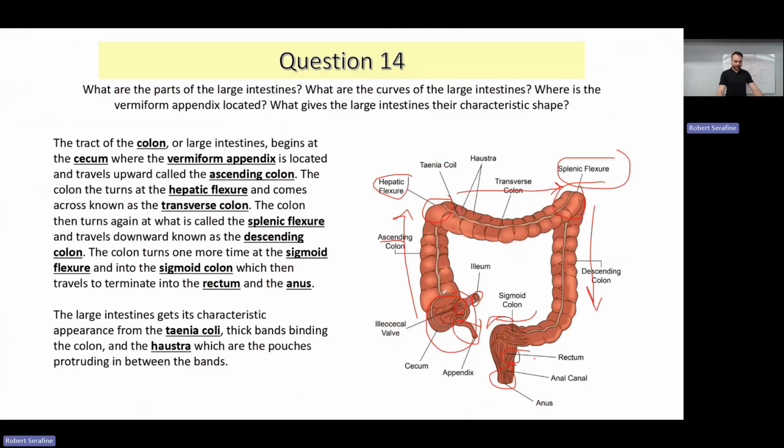The little tendinous thing that's making the squeezing of the colon is called the taenia coli, which I like to think of as tendon of the colon, if that helps you remember it.